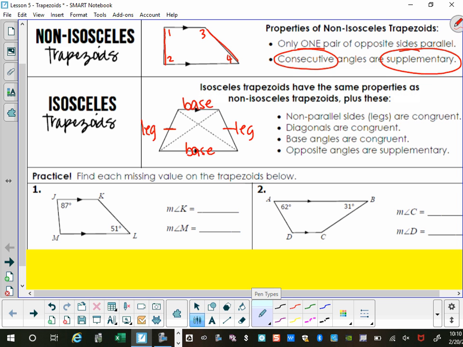Okay, so that's a leg and that's a leg. In an isosceles trapezoid, those two legs are congruent. Your opposite angles are supplementary, your base angles are congruent. So that means this top angle is congruent to that angle. And this angle is congruent to that angle. They're both the same. That's an isosceles trapezoid.